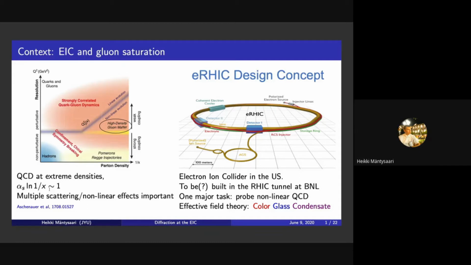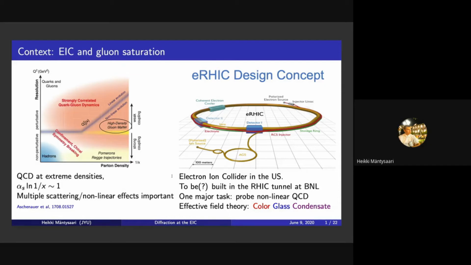This means that multiple scattering effects are important. If you shoot a probe through the dense color field, then you have to allow any number of gluon exchanges with the target.